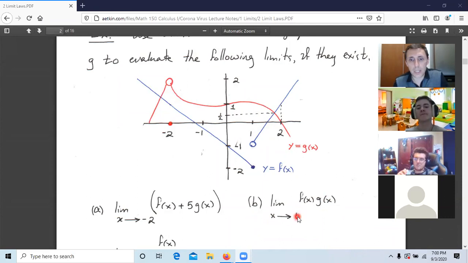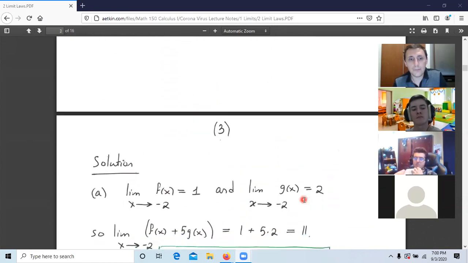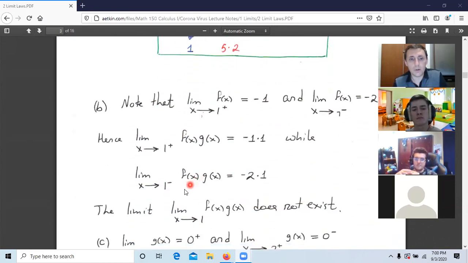But if I approach x from the left, I will get to -2. Do you agree? If I walk on the left, so x goes to 1 from the left, I walk on this curve, I go to -2. That's my altitude. So as x goes to 1 from the left, f is -2 and g is 1.